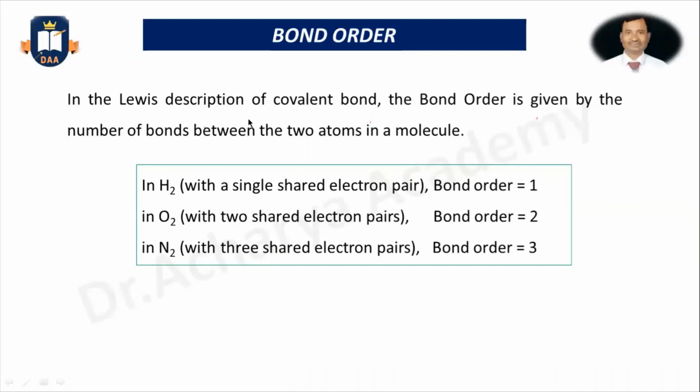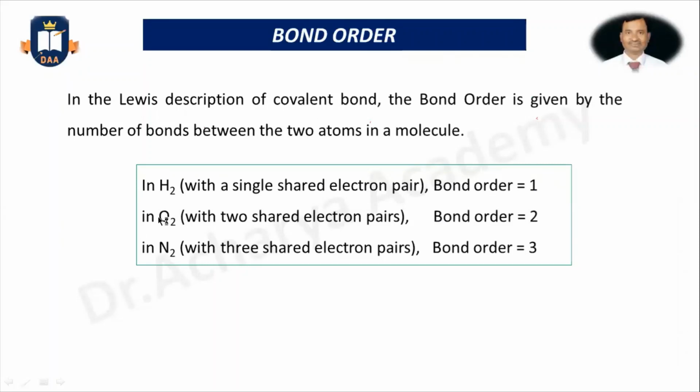In the Lewis description of a covalent bond, the bond order is given by the number of bonds between the two atoms in a molecule. For example, in the hydrogen molecule, there is one single shared electron pair between the two hydrogen atoms, so the bond order is 1.